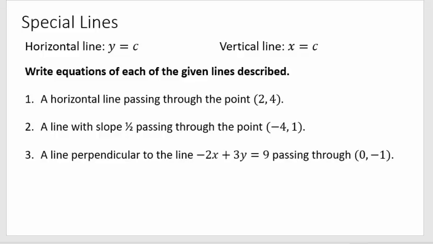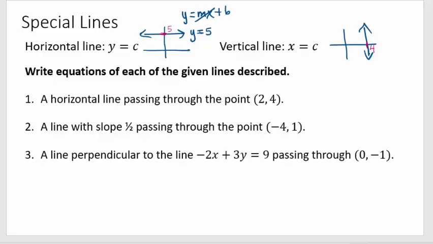Well, we have some special lines, one being a horizontal line, which has equation y equals some constant. So this line, for instance, would have equation y equals 5. And it turns out that this is really in slope-intercept form, y equals mx plus b, because the slope of a horizontal line is just 0.